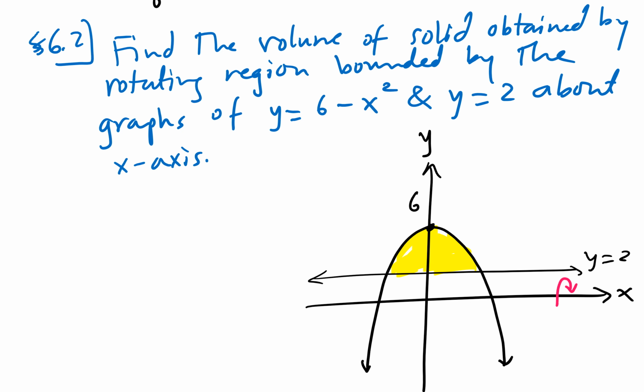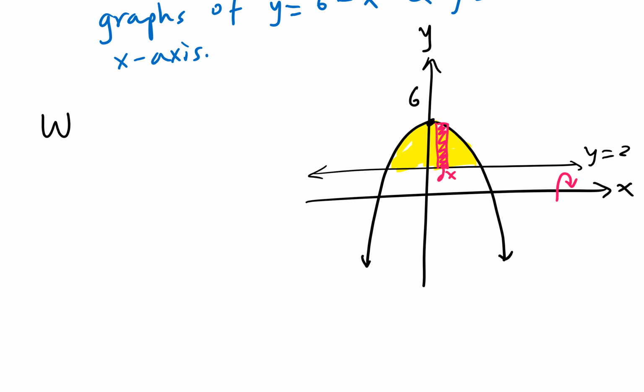The easier way is to have a rectangle perpendicular to the axis of revolution, like so. That tells me dx. Perpendicular means I'm using the washer method. In the washer we have this as capital R and this as small r.